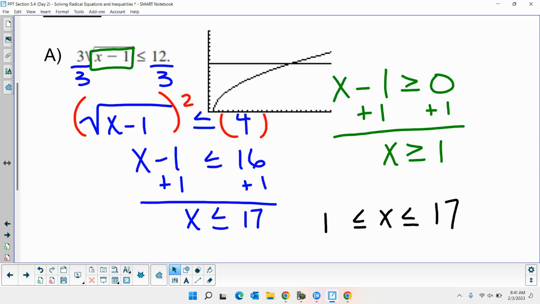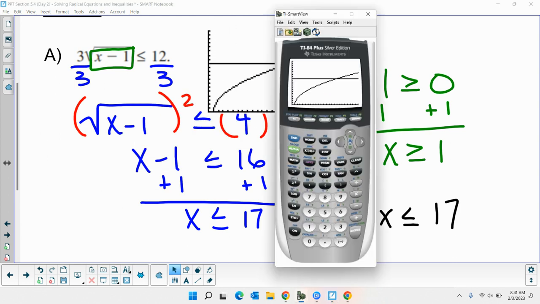Okay. If I looked for the intersection, you could go second trace, intersect number 5. Just hit enter 3 times, first curve enter, second curve enter, guess enter, that'll be 17. See that? 17 for x, 12 for y. So there's a picture of that answer too.